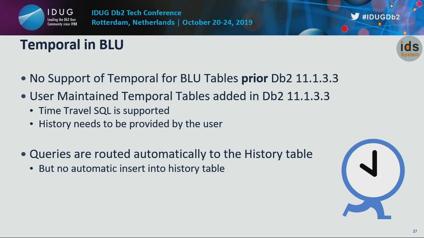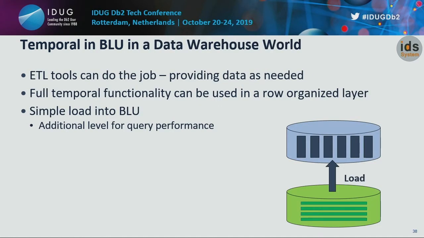What did we do? Because we started with our architecture and idea before that, before I knew that. So what we did is we provided a row-based layer in the data warehouse. You know, you have lots of layers like a staging area, a main data area, a data mart area, and so on. And we call it distribution area, where we build our KPIs, and this is row-based. With the row-based, you have full functionality of temporal tables.